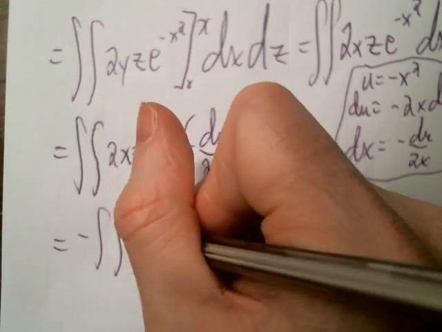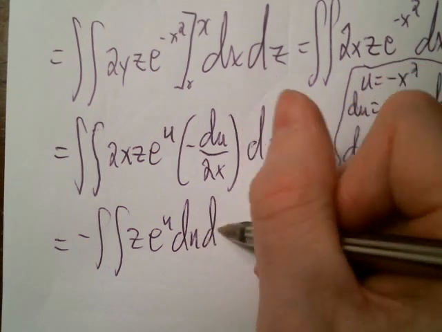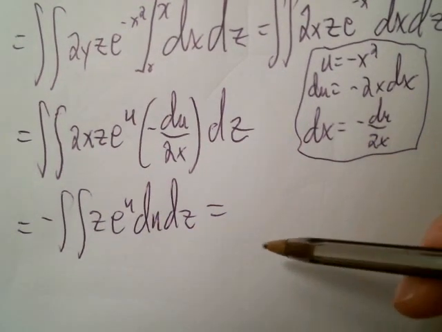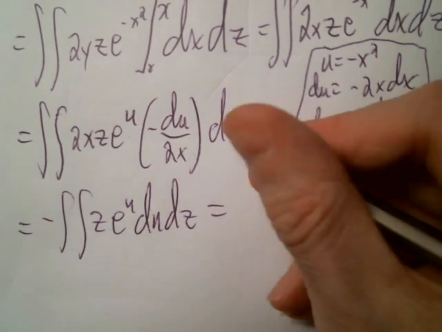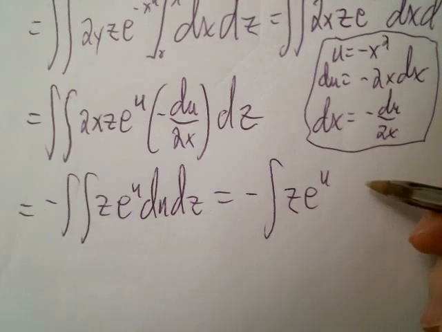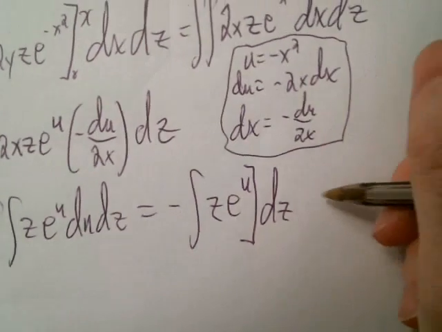Then it's double integral of z e to the u du dz. And then you can integrate z, so that would be z squared over 2. Oh, whoops, you still have to integrate the e to the u, sorry. So negative integral z e to the u, the integral of e to the u is e to the u. And then you have to evaluate it once you back sub dz.